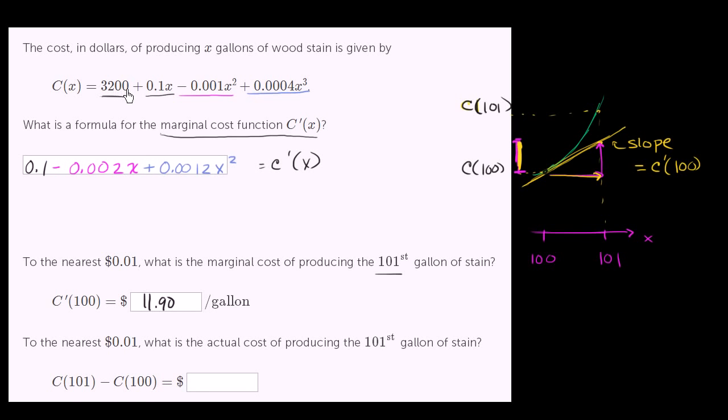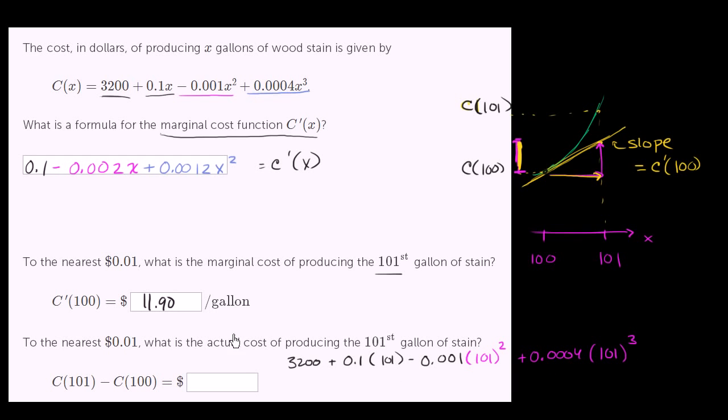Now let's actually calculate this thing right over here. And we could actually simplify it a little bit before I even type it into my calculator. This expression is going to be 3,200 plus 0.1 times 101 minus 0.001 times 101 squared plus 0.0004 times 101 to the third power.